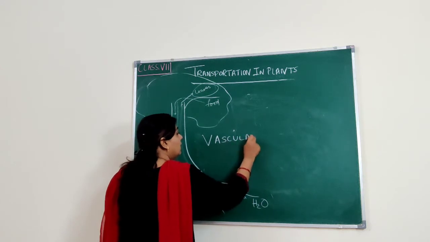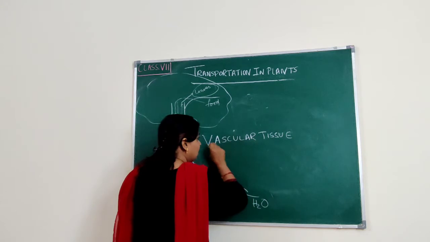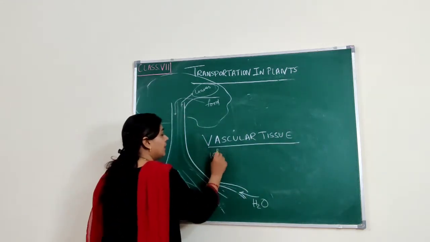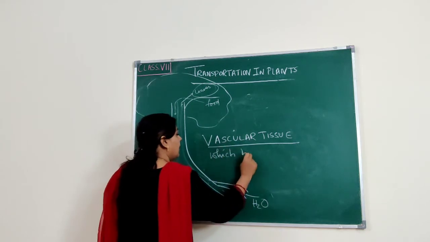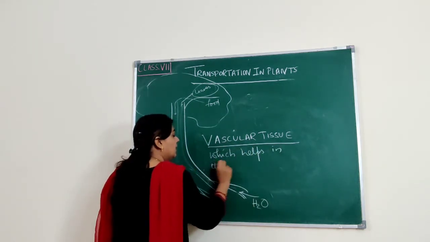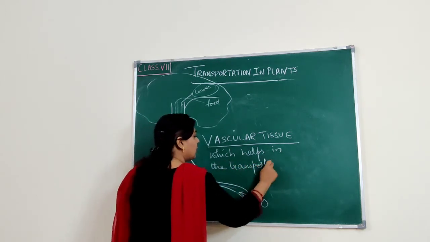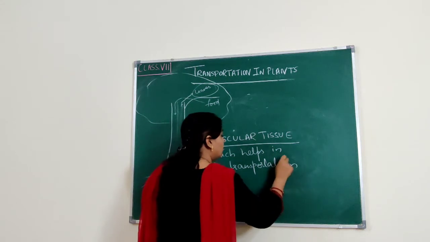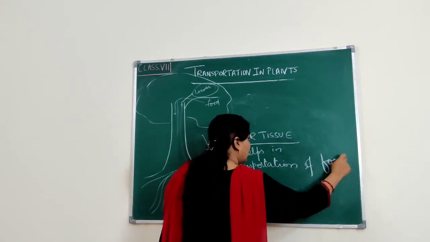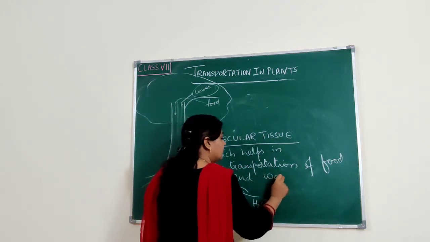Plants have vascular tissue, which helps in the transportation of food and water.